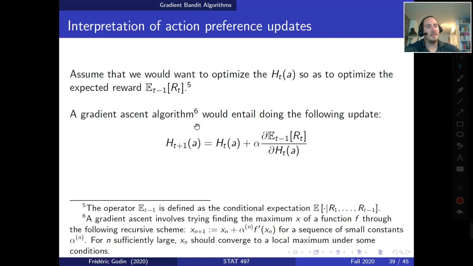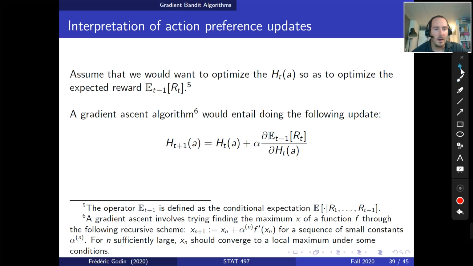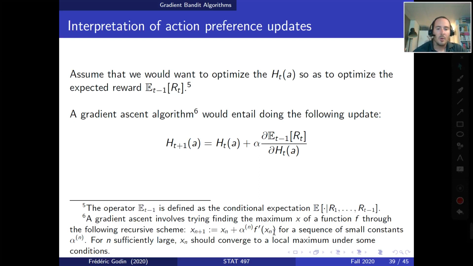Okay, so this gradient ascent business, I encourage you to have a look maybe on Wikipedia if you're not familiar with it. But I've put a footnote here to describe how it works. In a gradient ascent scheme, you want to find the maximum x of a function f, and how it's done typically is by following this recursive scheme.